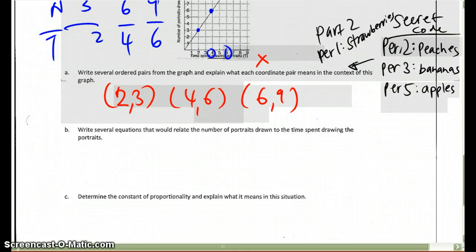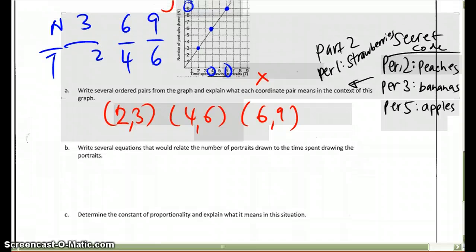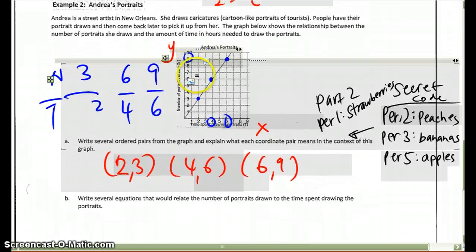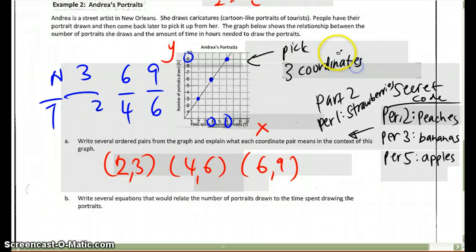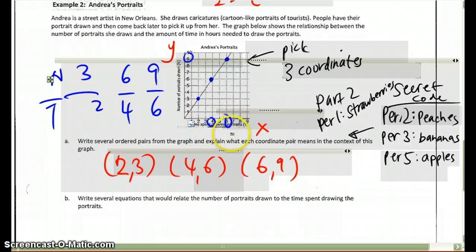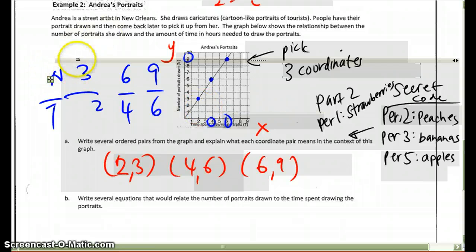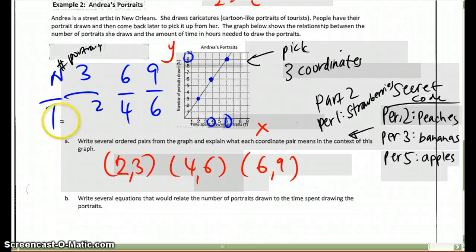As I was going quickly through problem 2 here, we picked out 3 coordinates that happen to cross our graph, and these coordinates represent the time that they drew the portrait and the number of portraits that were drawn. So this was the number of portraits, and T was the time.